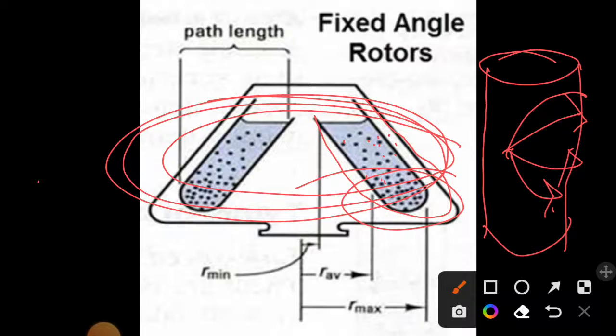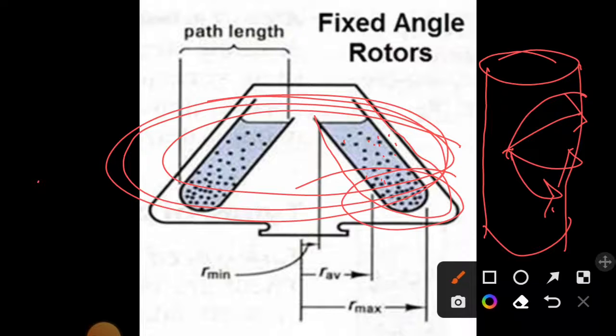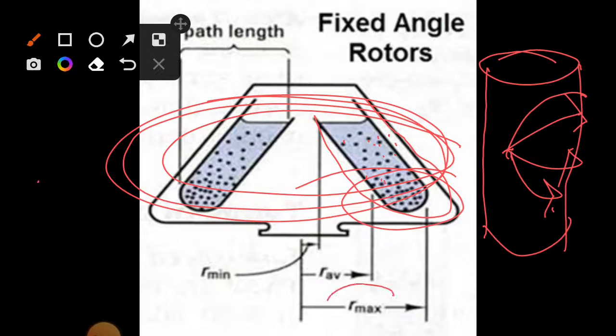Another thing that I want to mention here is the Rmax.